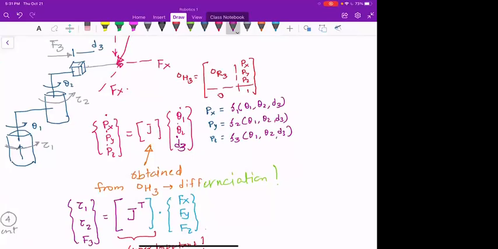Everyone understood this? So Px, Py, Pz are dependent variables, and theta 1, theta 2, d3 are independent variables.